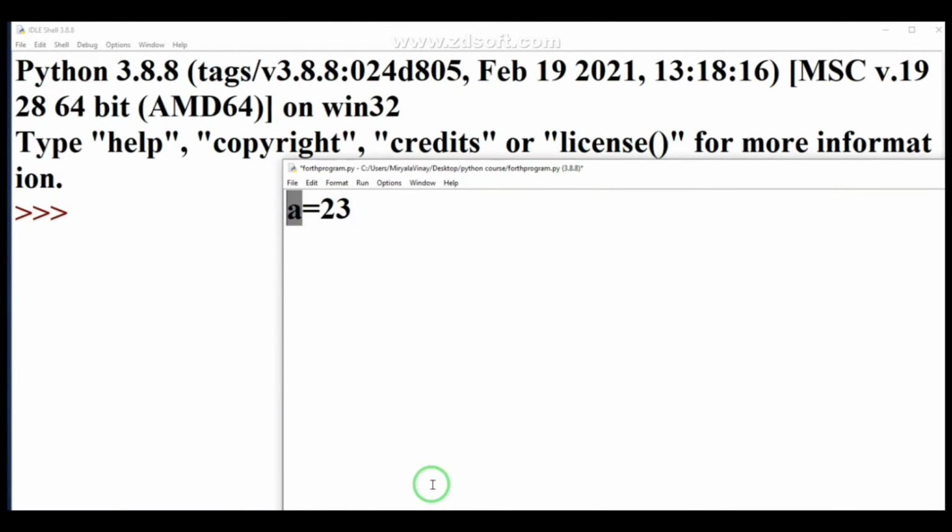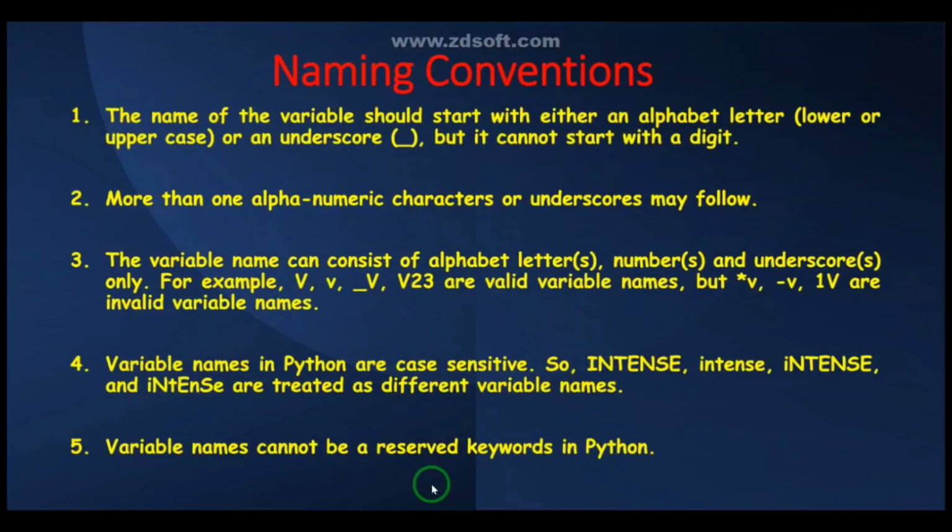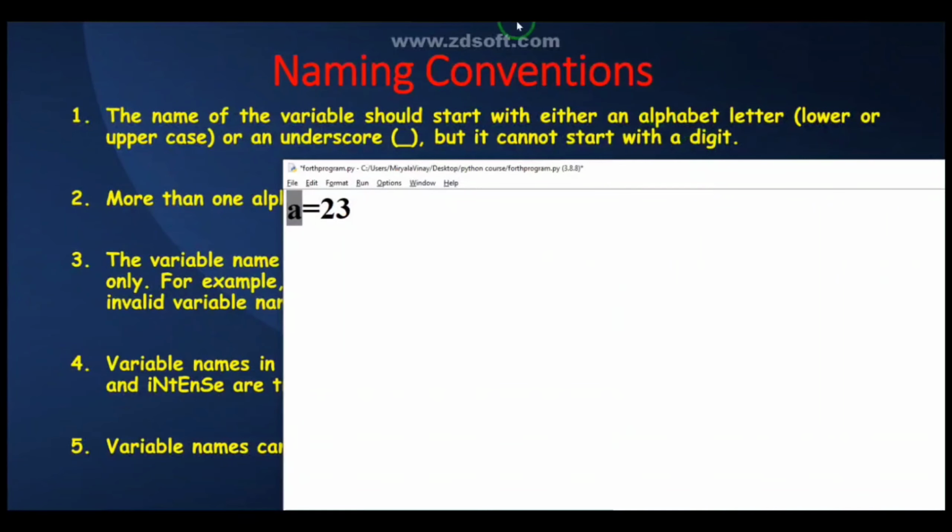We have some rules and regulations when we consider variables. There are some naming conventions: the name of the variable should start with either an alphabet letter, lower or uppercase, it doesn't matter, or an underscore, but it cannot start with a digit. So a variable should start with either an alphabet letter, lower or upper.